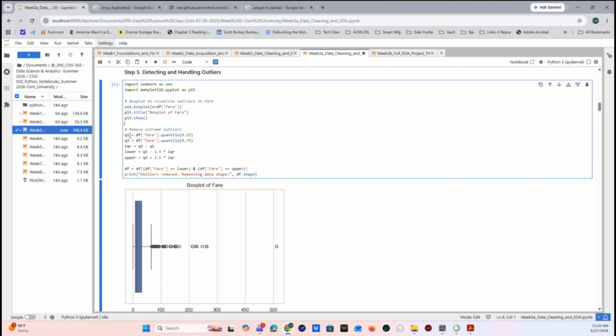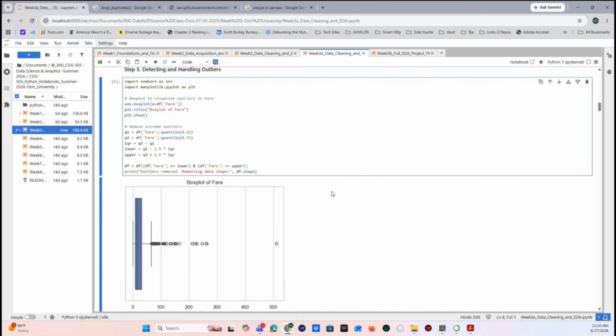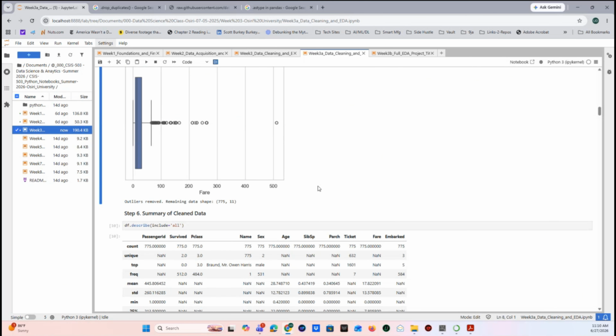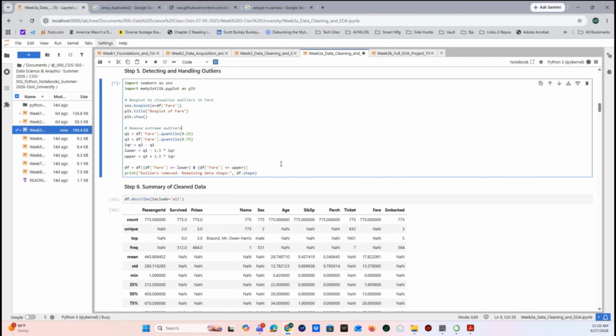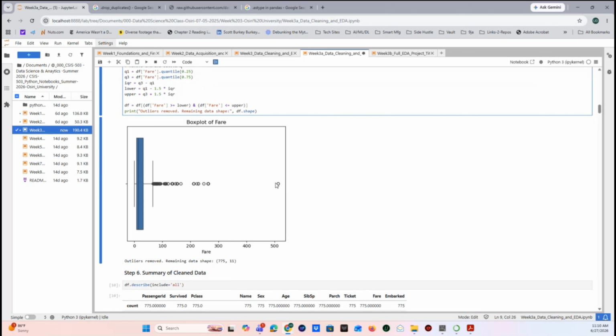Your Q1 is your 25th quantile, your Q3 is your 75th quantile, and your IQR is Q3 minus Q1, which is going to fall somewhere around the 50th quantile, I believe. And then this is your upper and lower values, and you can now use that to manipulate your data. That's how you arrive here. So when we plot this, all of a sudden we can see that this is an outlier.